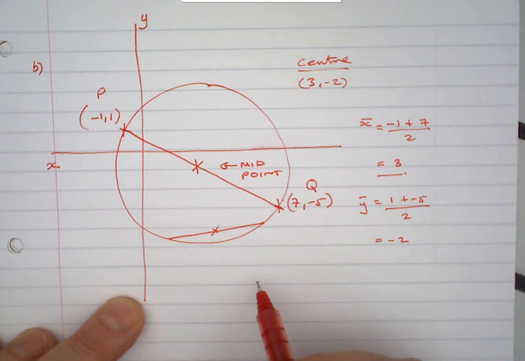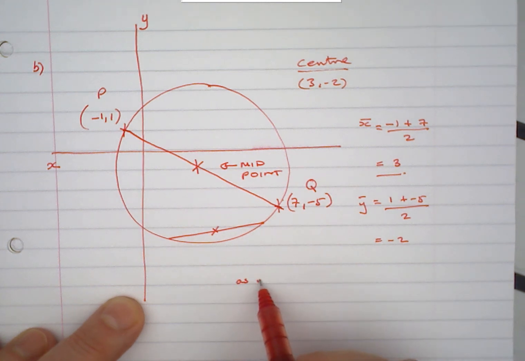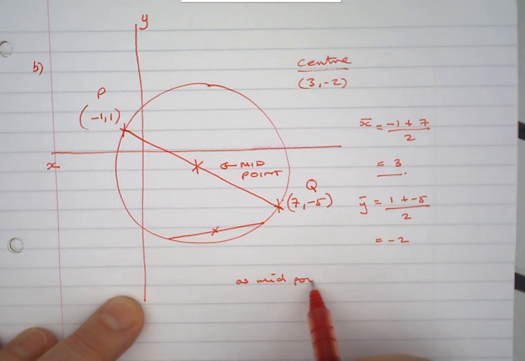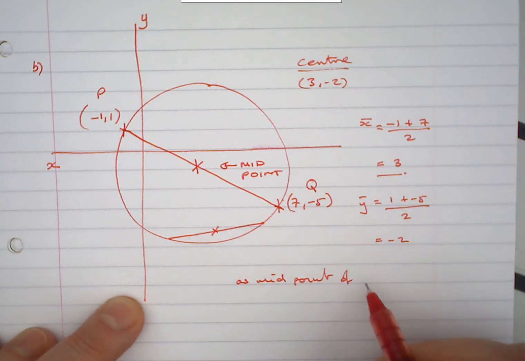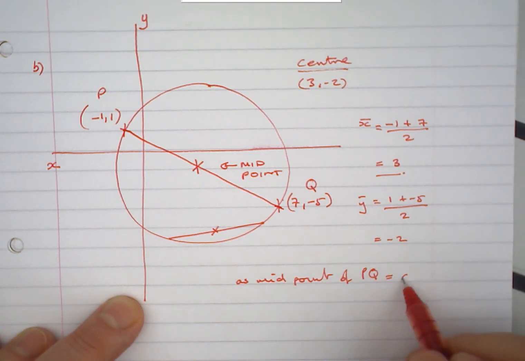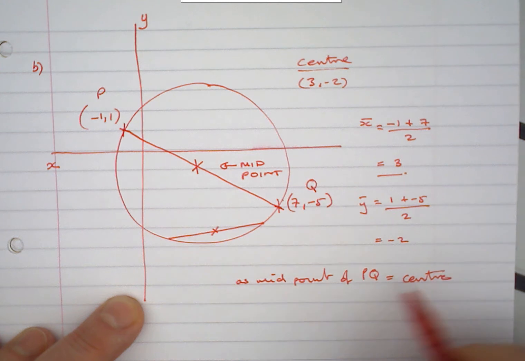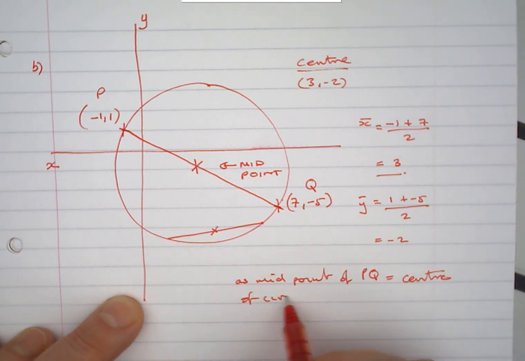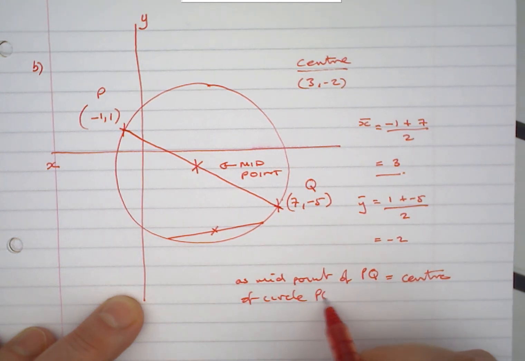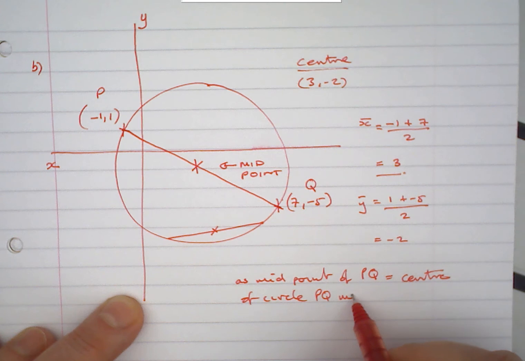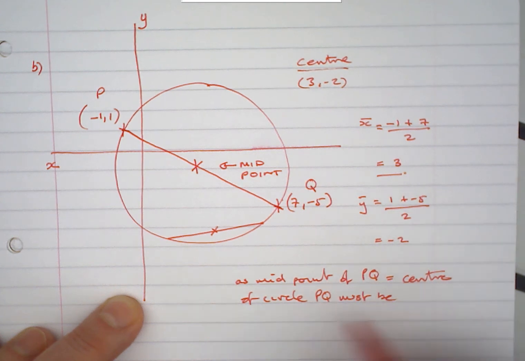And I can say as the midpoint of P and Q equals the centre of the circle, PQ must be a diameter.